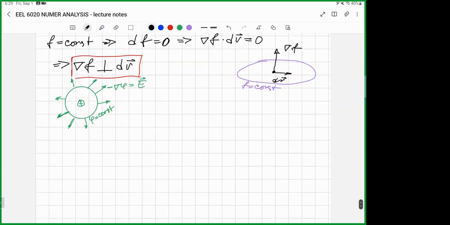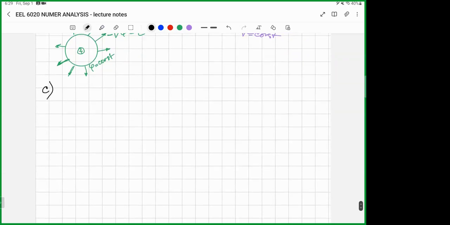So far, so good. So the third property of a gradient states that the gradient of a scalar field points to the direction of the maximum rate of change of that field.